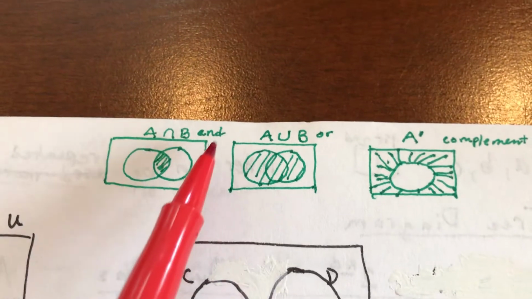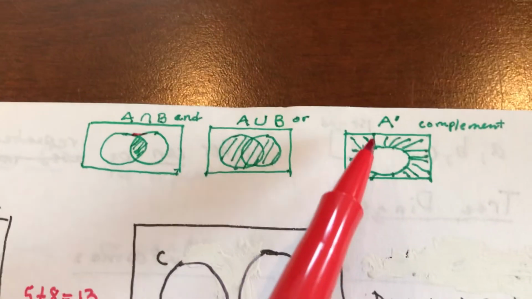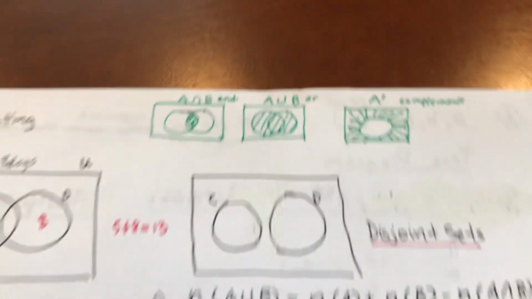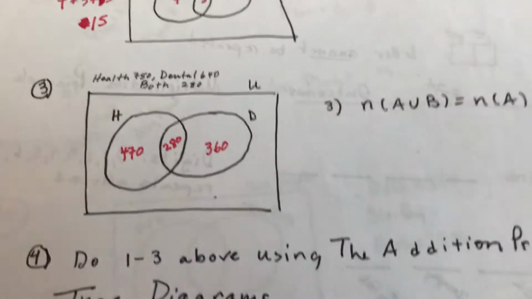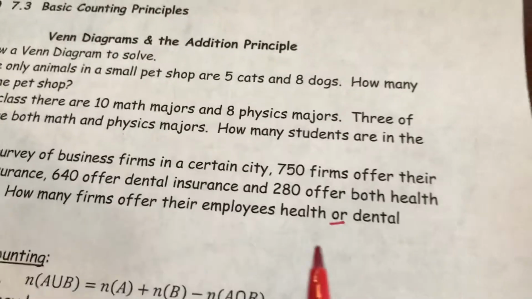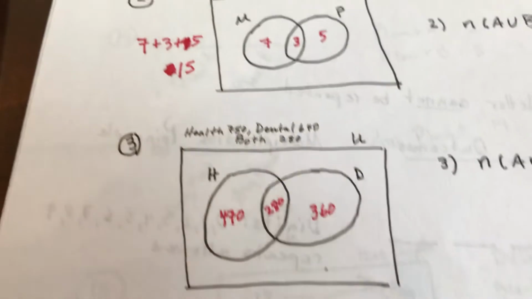And I wrote the word and for intersection, or for union, and complement is that representation. So down here, it's asking for how many are in, it says or, offer both. Okay, in the real world we would say both, in the math world we say or.